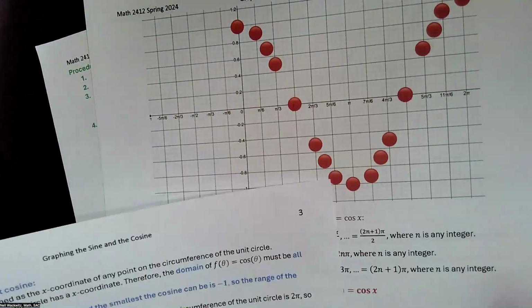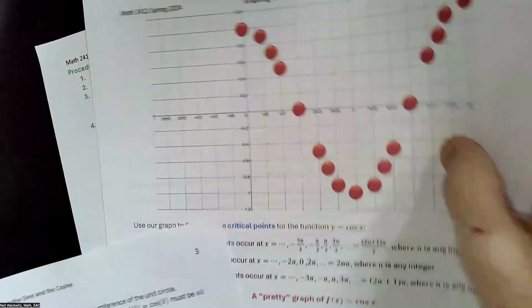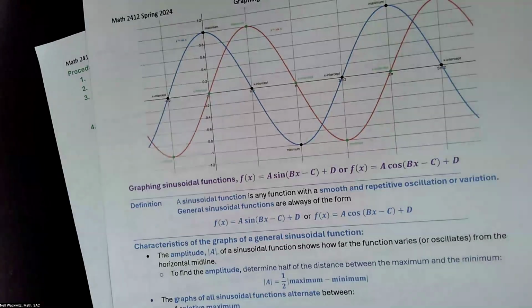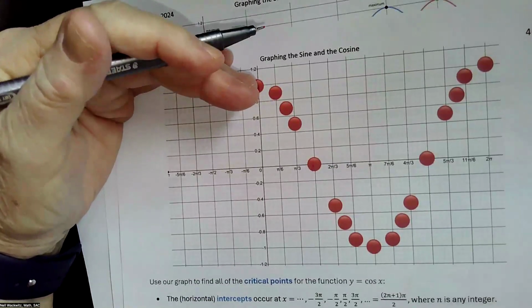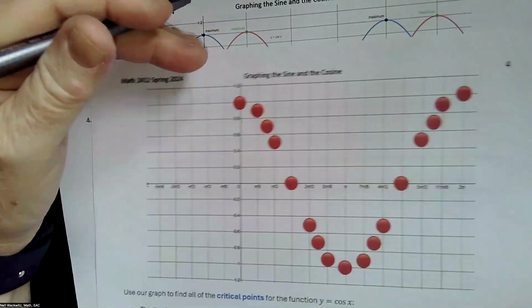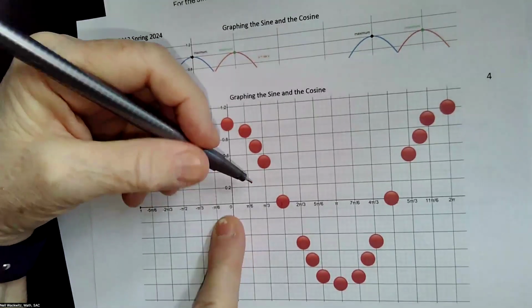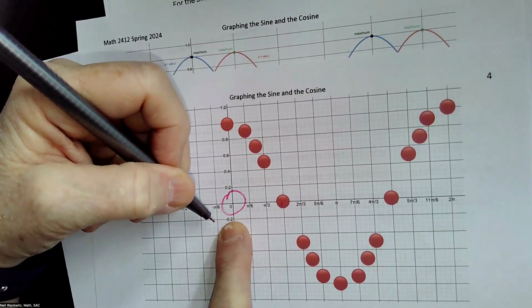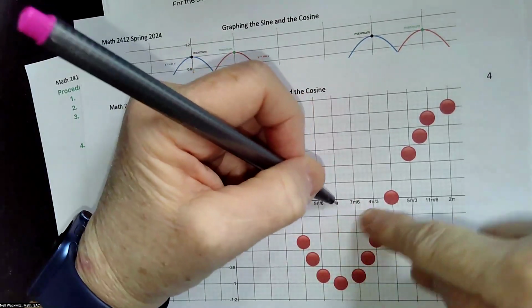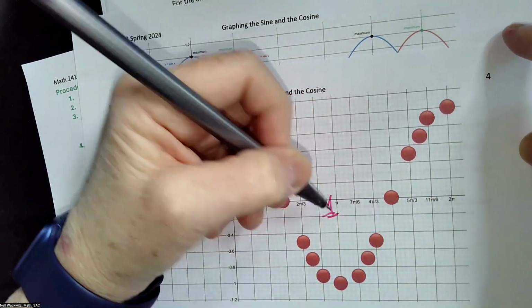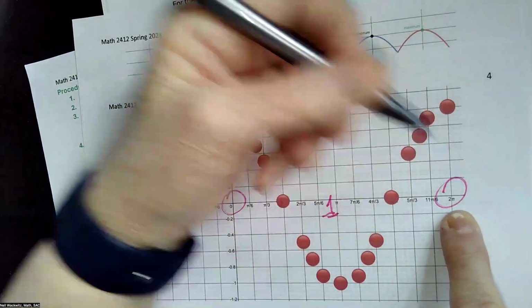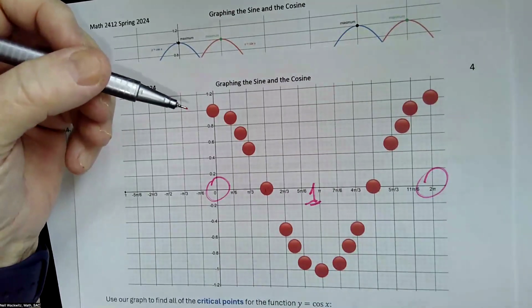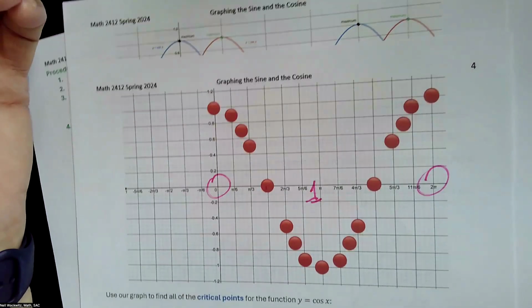For cosine, well, here, let's see, we have a max at 0 pi, we have a min at 1 pi, we have a max at 2 pi. What are we going to have at 5 pi?